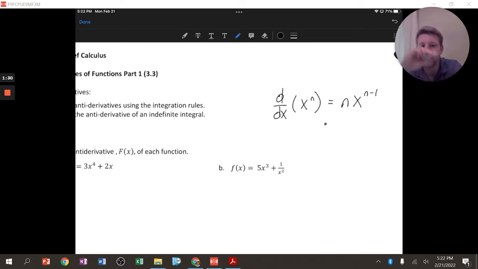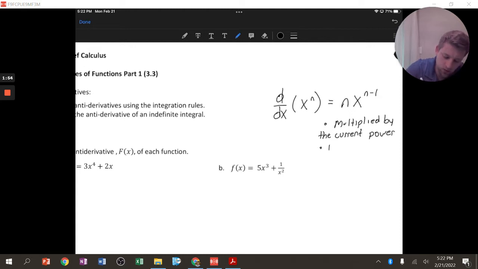One was I multiplied by the current power, and two, I raised x to the n minus 1 power, or subtracted 1 from the power.